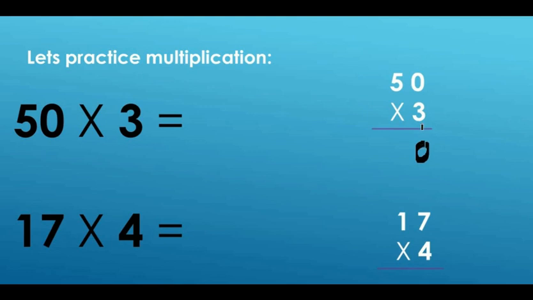And then the tens place, 3 fives are 15. So we will write here 15. And my dear students, don't forget to write the answer here. And the next one you will solve at home.